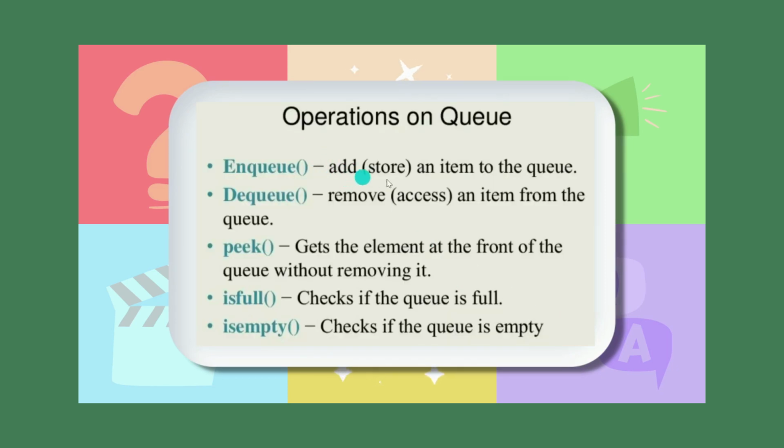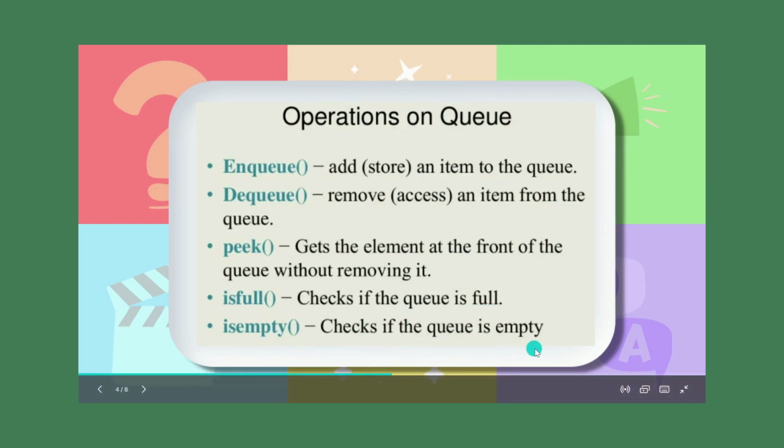So enqueue stores an element in the queue. Dequeue removes an item from the queue. Peek gives the element at the front of the queue without removing it. So basically peek will give you the first element, the front element of the queue, without removing it. It won't get removed. Is full checks whether the queue is full, and is empty checks whether the queue is empty or not.